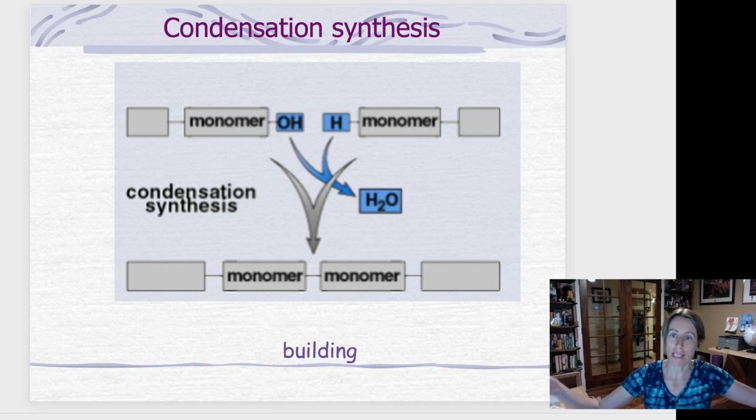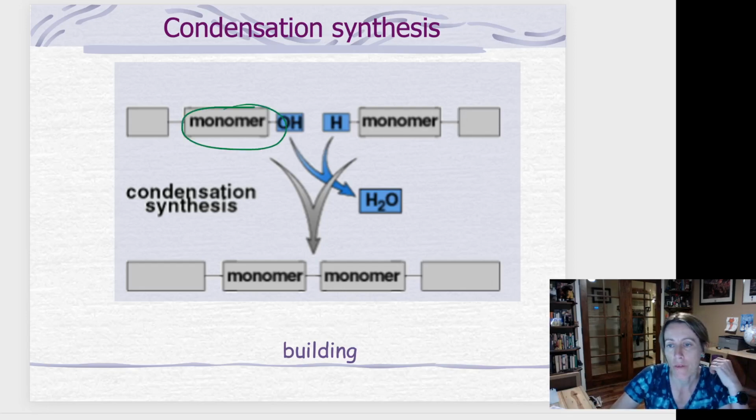So the long chain is the polymer, means many of them all hooked together because poly means many. Monomer means one of the individual pieces that used to be separate but is now joined together. So on the left we have the monomer here, and on the right we have a monomer. So two separate molecules. Monomer number one, monomer number two, although they're the same thing, just duplicated over.